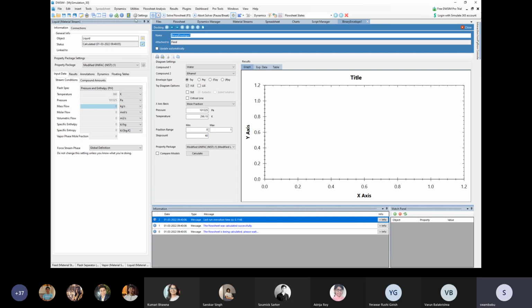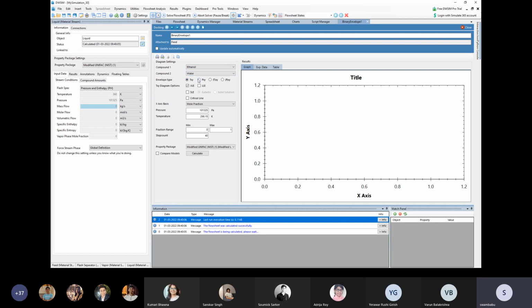This utility, which you can see at the top under file, edit, is used to create binary and ternary phase envelopes, that is, vapor liquid equilibrium data and liquid liquid equilibrium data. We have compound 1, I will select ethanol, and compound 2 is water. Compound 1 is the high volatile component, and compound 2 is the low volatile component.